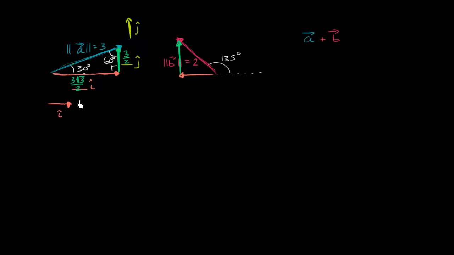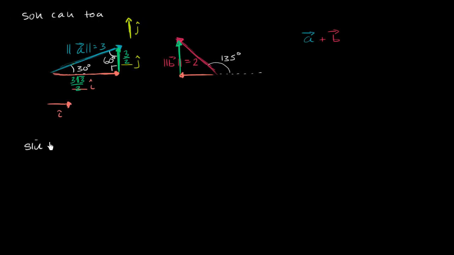Now another way that you could tackle this is to use what you know about your trig functions. You can say, okay, I know this angle right here is a 30-degree angle. This is the opposite side. So you could say, well, the opposite over 3 is going to be equal to the sine of 30 degrees. Let me write this down. SOH CAH TOA.